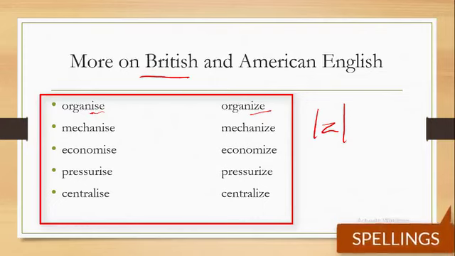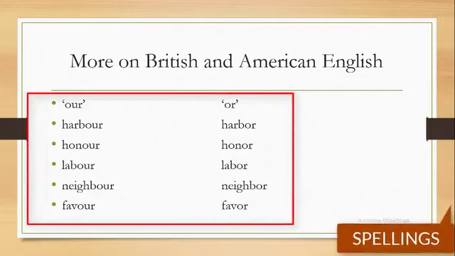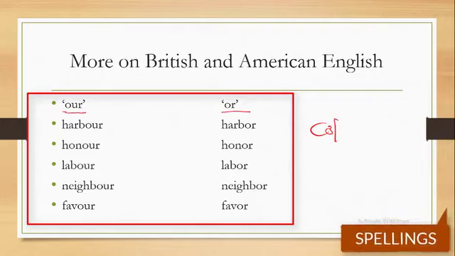We have seen a couple of words. We could also have OUR in British English and OR in American English. Note that every word on your left here, with OUR, is British English. For instance, the word colour is spelled this way in British English, but in American English it is spelled color this way.